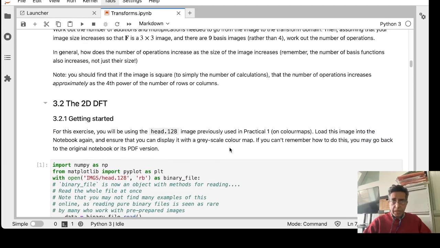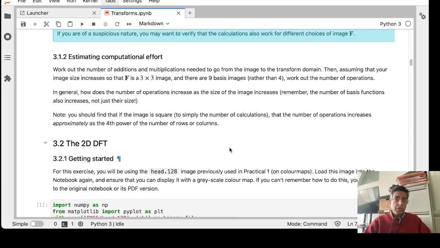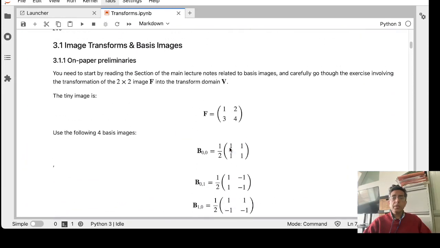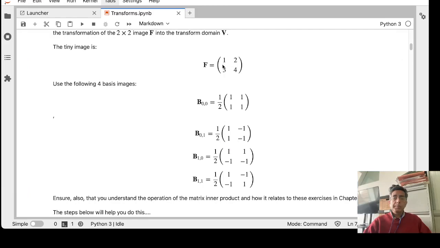There's something here about estimating computational effort. The main thing to recognize in working this out, the key thing to click in your minds, is that here the number of basis images is equal to the number of pixels in the image.